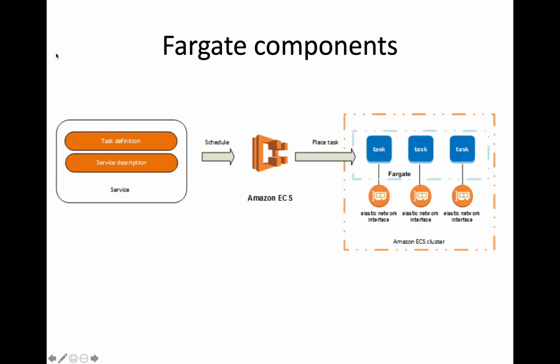Here's a diagram showing how some of these pieces fit together. On the left-hand side, we have a service that we have defined. The service has a service description or definition. And then within a service, you'll find one or more task definitions. And we take this service and we deploy the service to Amazon ECS. It will then place the tasks that are defined by the service into the cluster.